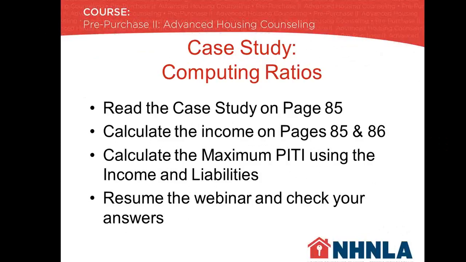The front-end ratio was $2,105.25, so you must use the lower of the two. Always choose the lower of the two. So in this situation, their maximum PPII is $1,798.78.